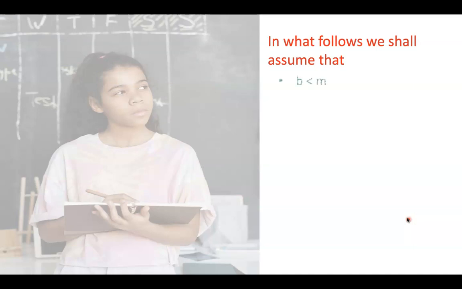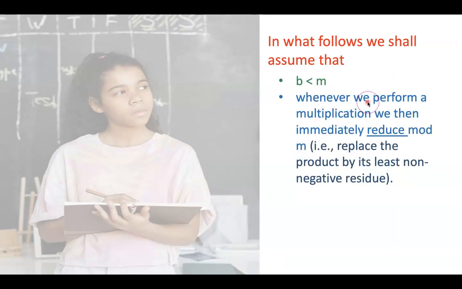Our assumption will be b is less than m here. Even if b is greater than or equal to our modulus m, we can reduce it modulo m to obtain a number which is less than m. So it is safe to assume that b is less than m. And we assume that whenever we perform a multiplication, we immediately reduce the product modulo m.